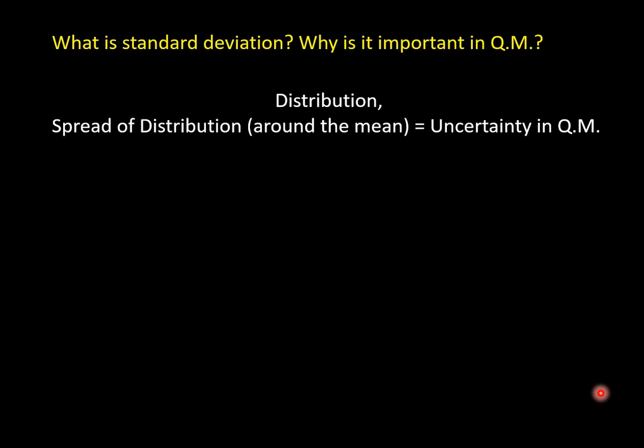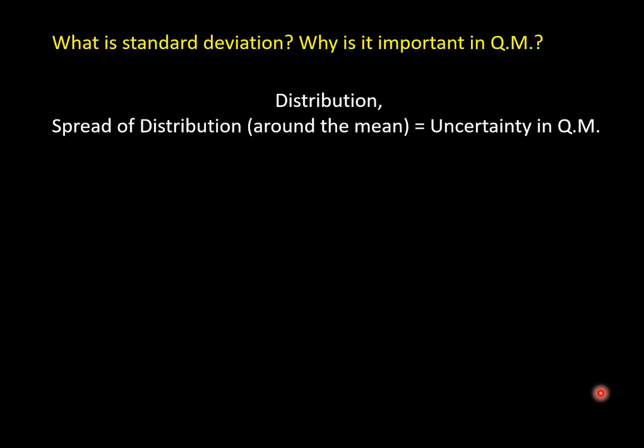Suppose you measure something many times and you get exactly the same value all the time, then there is no distribution. The average would be the same as the single values. But if you measure something and you get different values at different measurements, then there is a question of taking an average, and there is a question of distribution of the values that you are measuring.